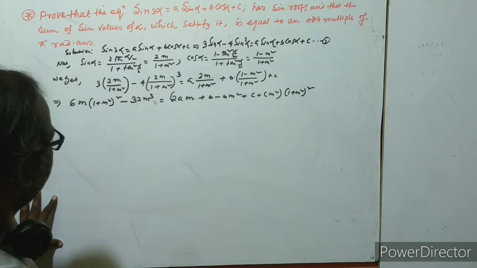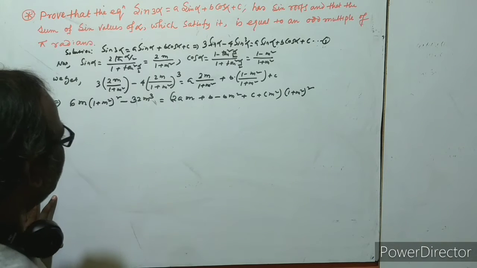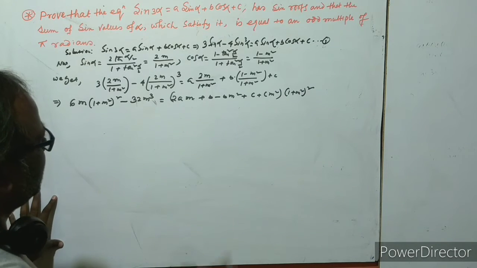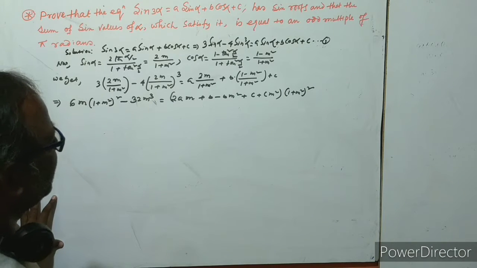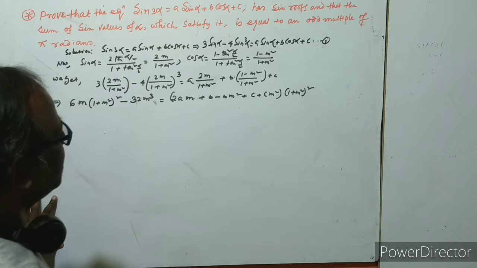Okay, see again, we take LCM here 1 + m² whole cube, and this is here 1 + m², so cancel out on both sides. So on the left hand side, in the numerator there will be 1 + m² whole square, and this is multiple of that.